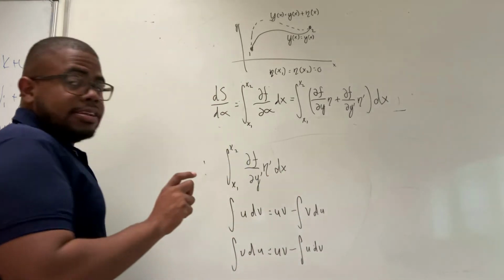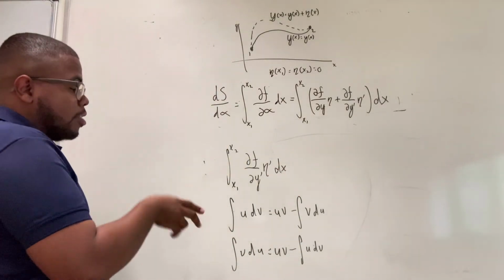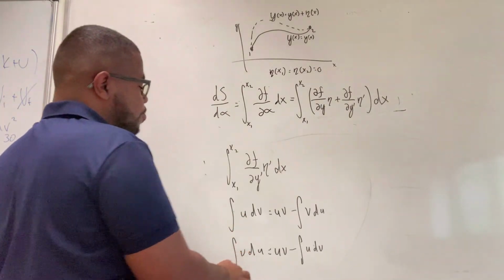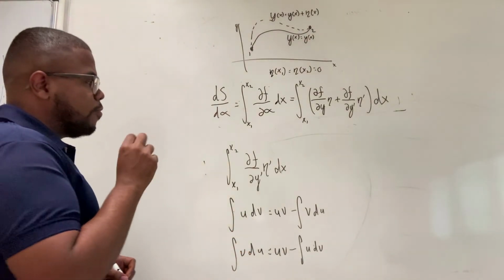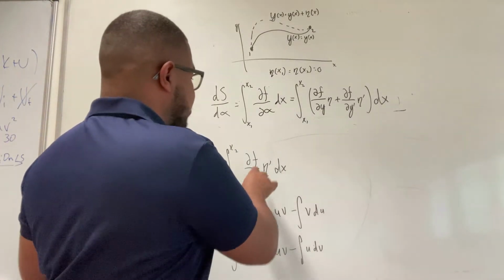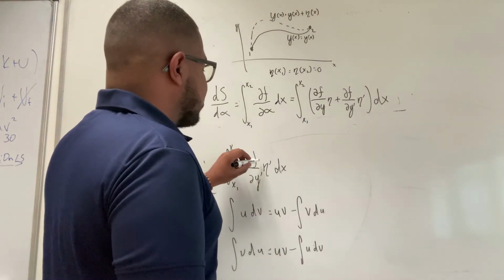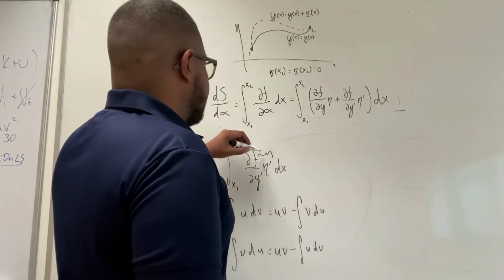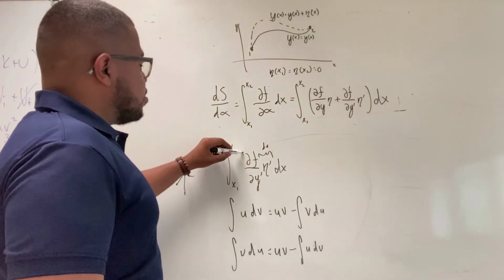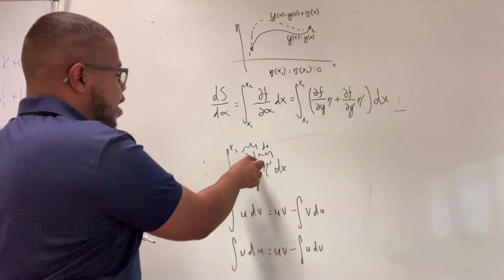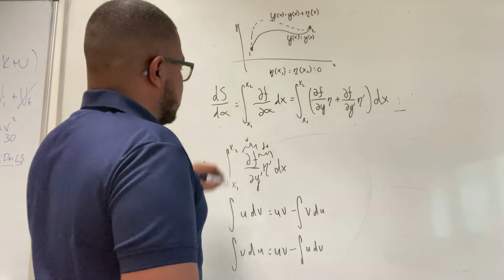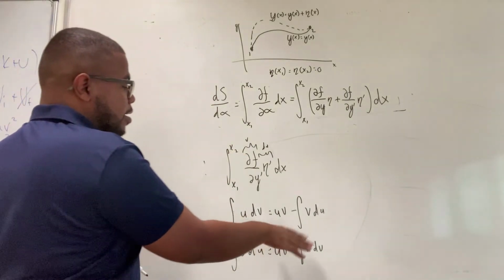This is a very slight bit of trickery, but it is done for the particular reason that now we can define our v and du in a manner which makes our calculations very straightforward and easy. We will call this eta prime right here our du, and we will call this partial derivative of f with respect to y prime our v. And now it's a matter of just plugging things in.